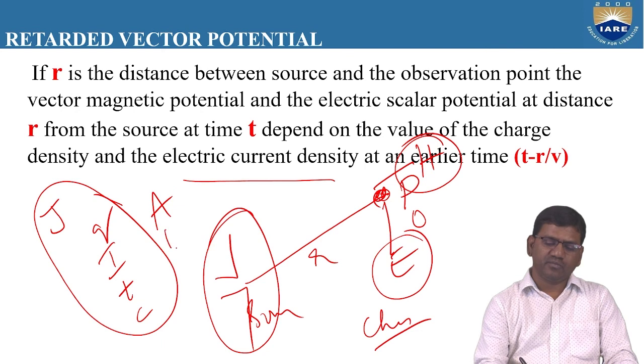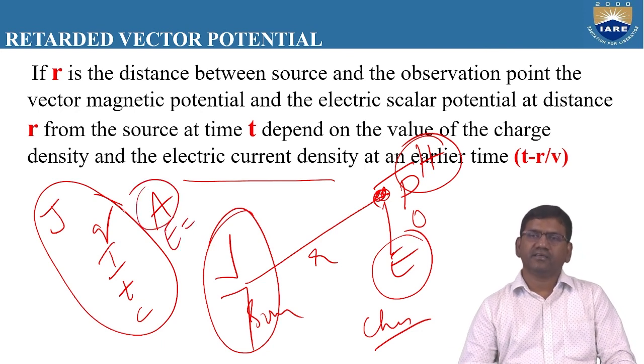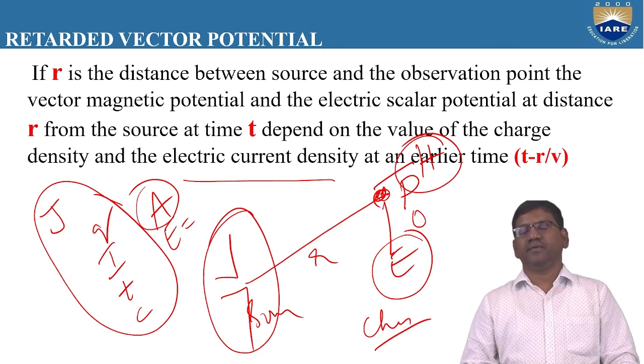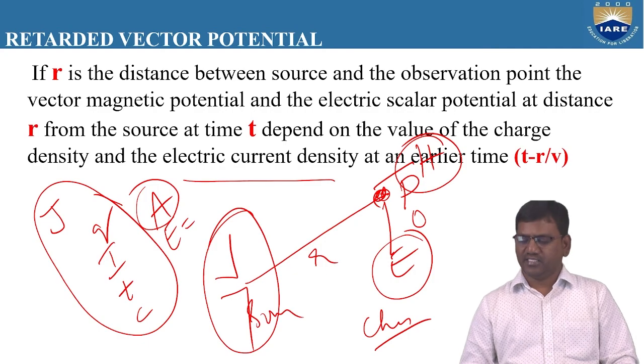The electric potential is given by V and the magnetic vector potential is given by A. We shall derive the expressions of A and V based upon Maxwell's equations in the next session.